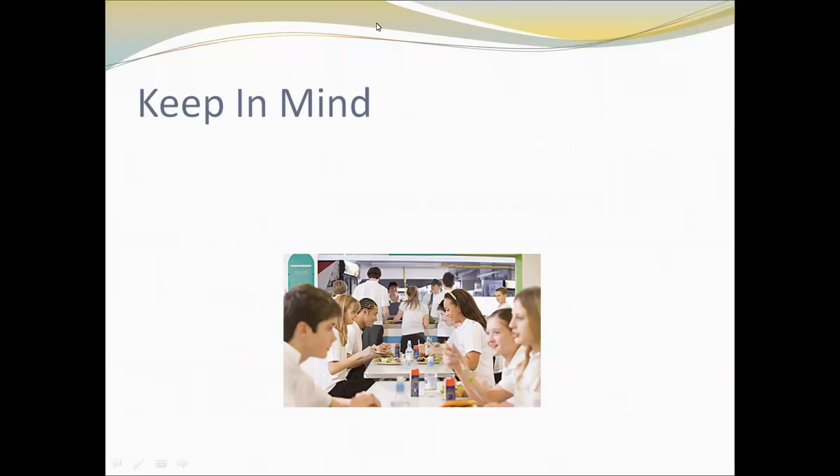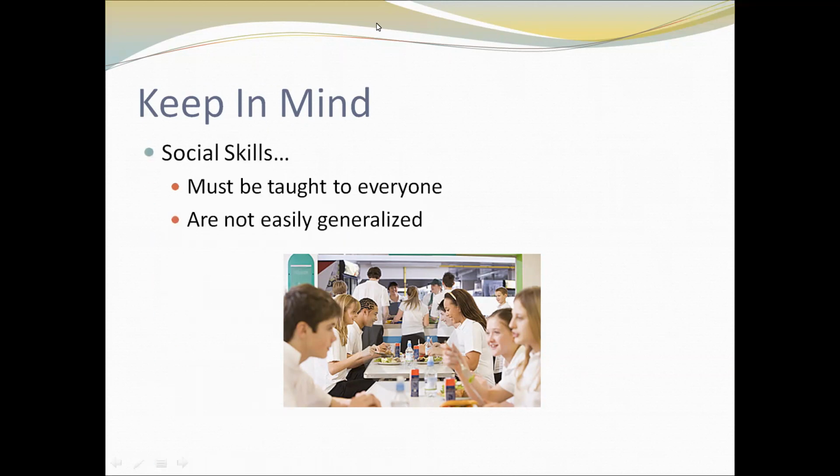All right. So keep in mind that social skills must be taught to everyone, and also that they're not easily generalized. I know some of us may be struggling with our children not being as social as we'd like them to be, and it could be a source of frustration, but understand that it's not something that's going to be the end of the world, but it is something that we must teach. It's especially true for individuals with developmental disabilities, because social interactions may not be naturally reinforcing, as they may be with more typical peers.